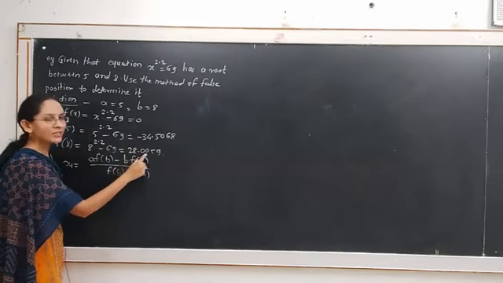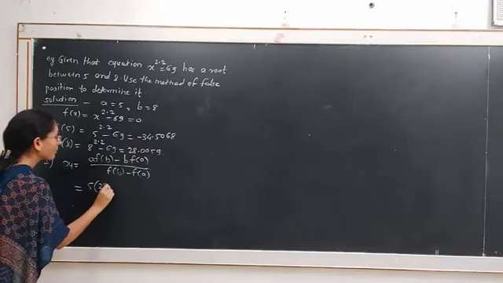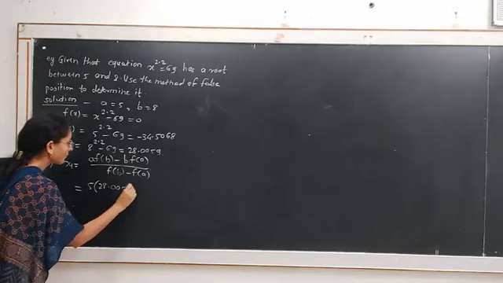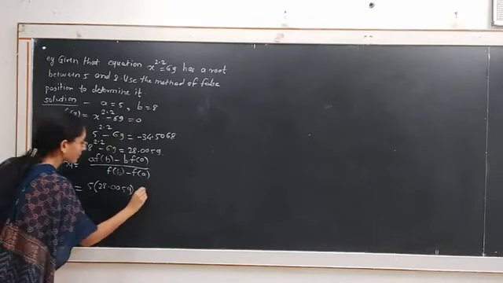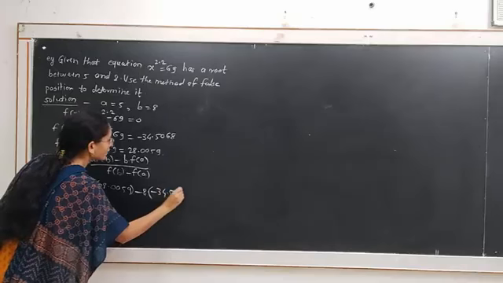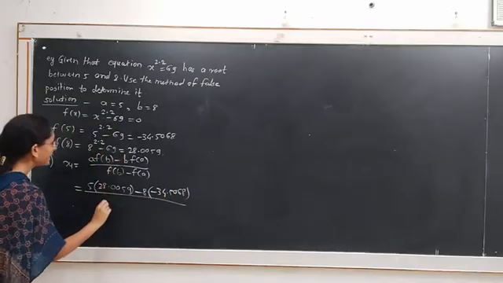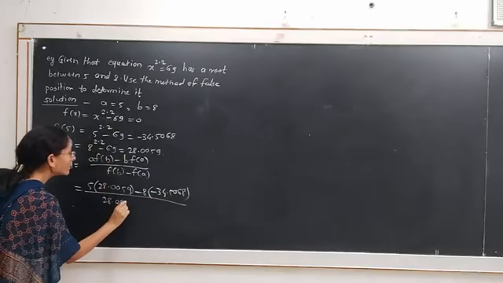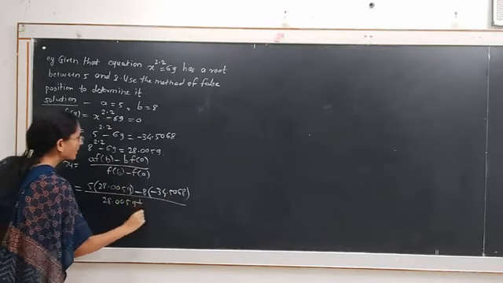Using all these values in this equation, we get 5 into f of b, which is 28.0059, minus b value 8 into f of a value, which is minus 34.5068, divided by f of b, which is 28.0059, and minus minus will come plus 34.5068.